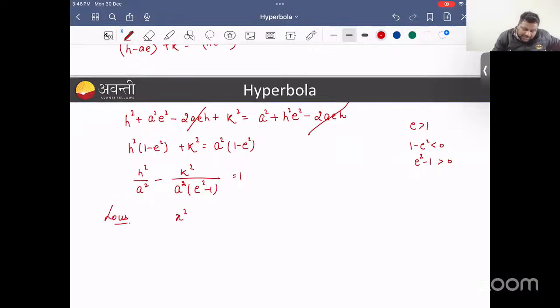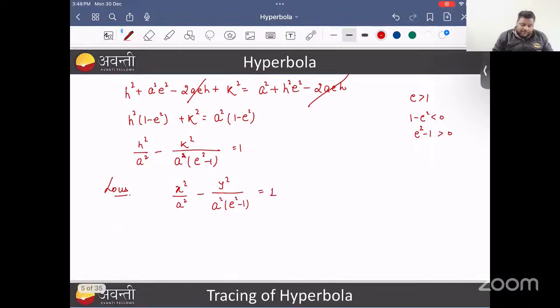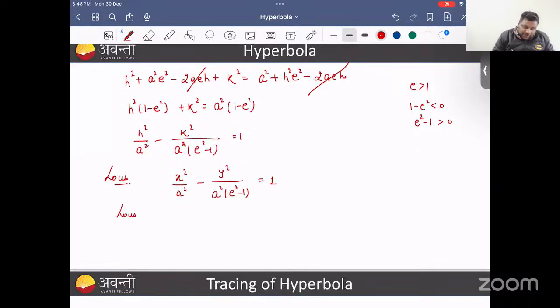The locus is x square upon A square minus y square upon A square into (E square minus 1) equals 1. Finally, if I assume A square into (E square minus 1) as B square, the eccentricity is the square root of 1 plus B square upon A square.